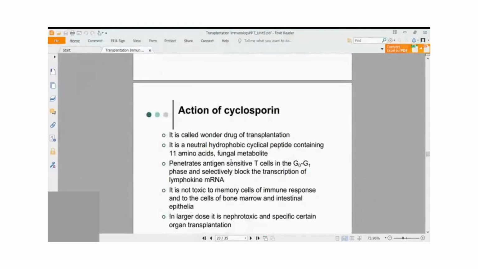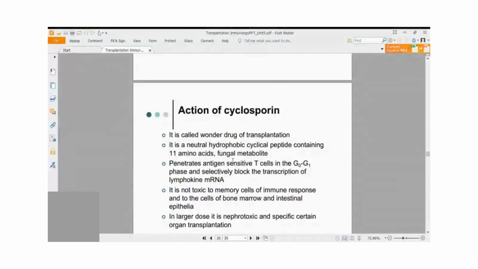It is called a wonder drug of transplantation because for the majority of transplants it can be used, but for some transplants it cannot be used because it doesn't work. The reason is unknown, but for the majority of other transplants, like bone marrow transplantation, I had already discussed with you yesterday.